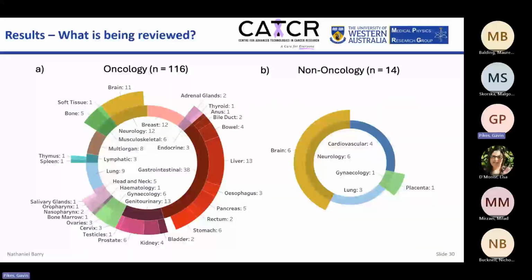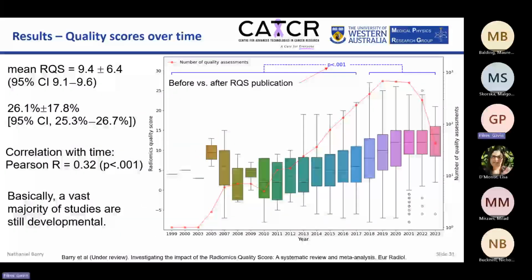Just having a look at what is being reviewed, it's primarily the areas of oncology, in particular gastrointestinal cancer, which is again split up into a variety of different cancer types. And so in the end, we extracted about 3,258 of these quality scores, providing a mean RQS of 9.4, which is just above 25% of the maximum score.